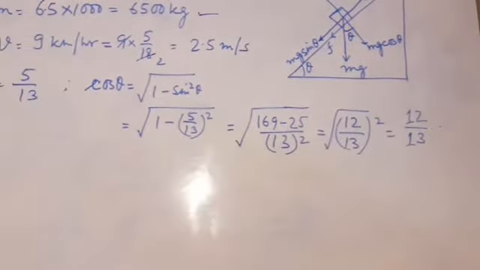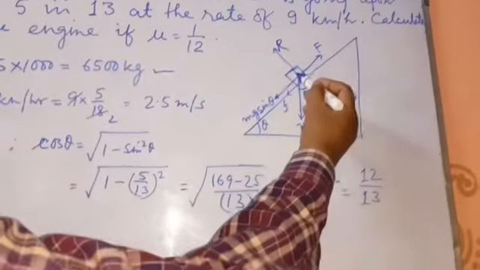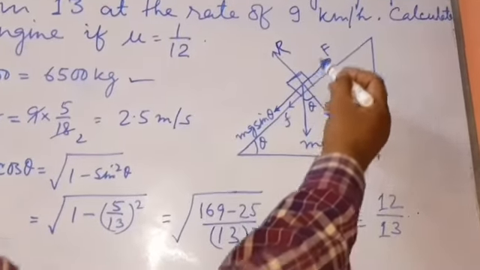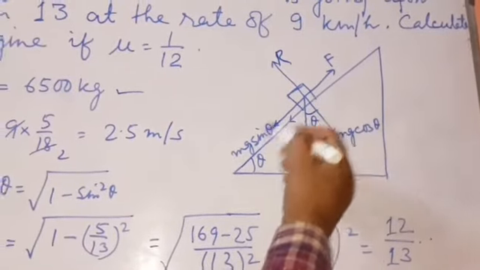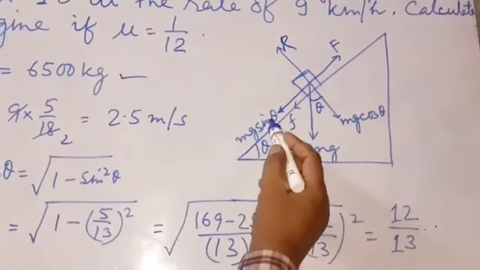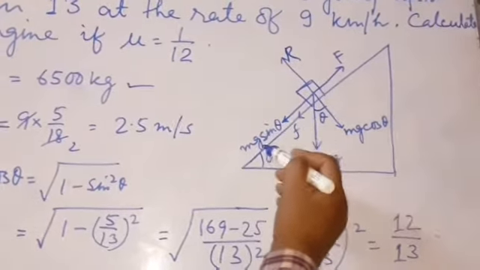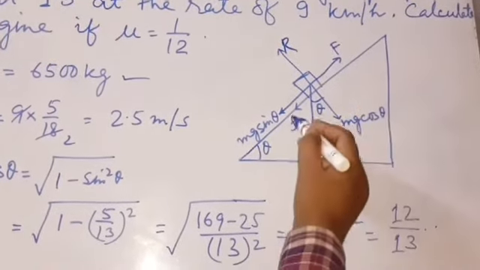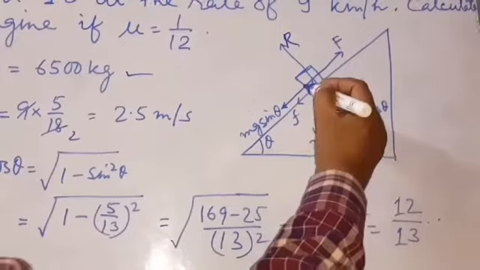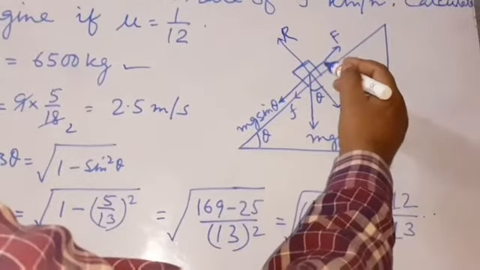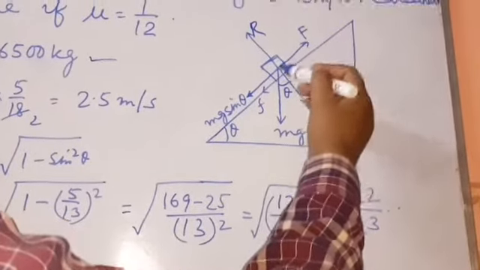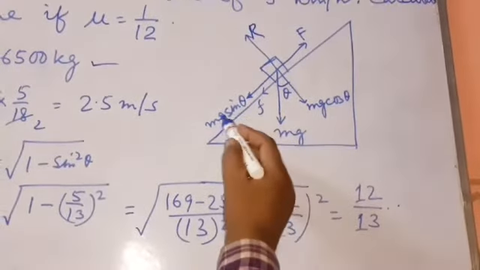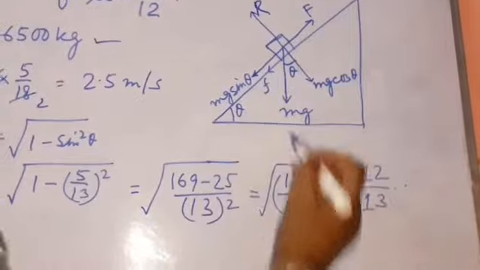Now, as the object is moving up with uniform velocity, we have to apply a downward force, mg sin theta, and friction also will be this side because the object is moving up. So as the object is moving up with uniform velocity, the upward force required to pull this object must be equal to mg sin theta plus f.